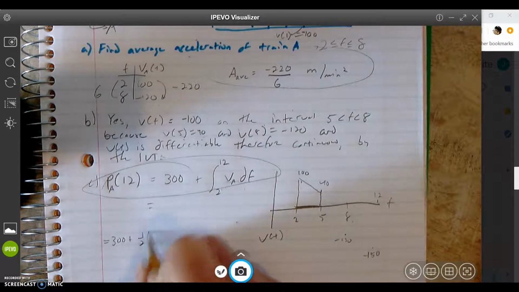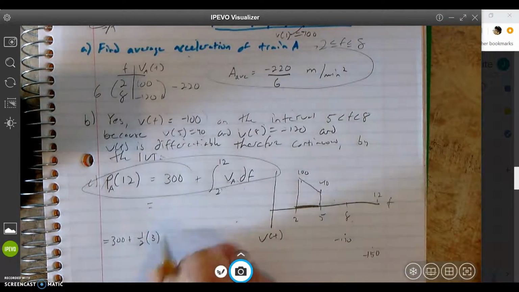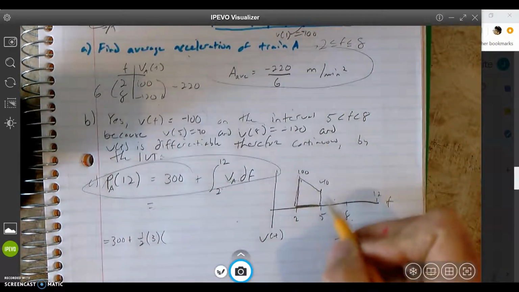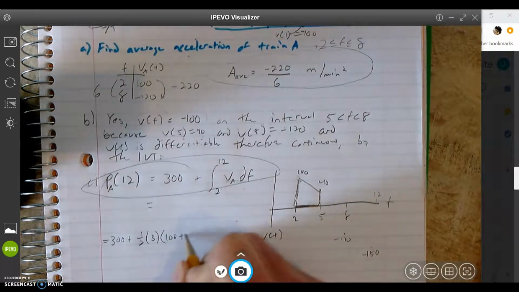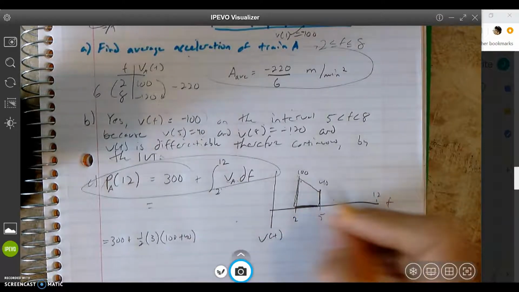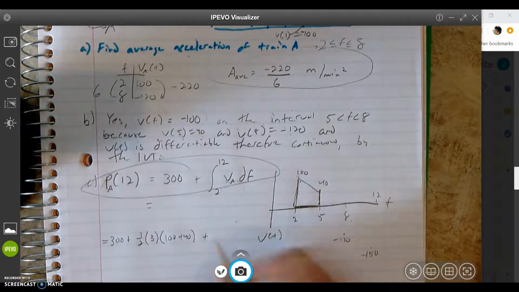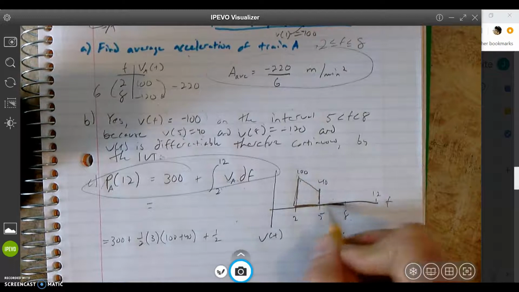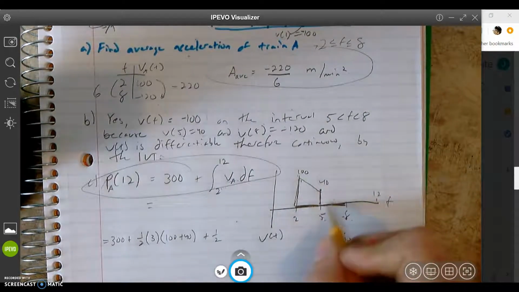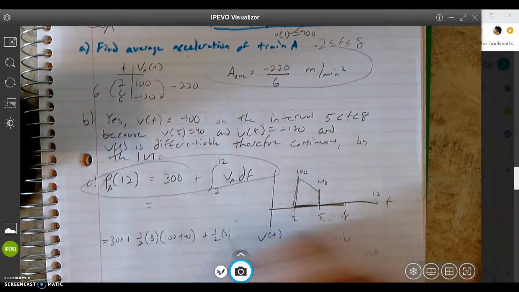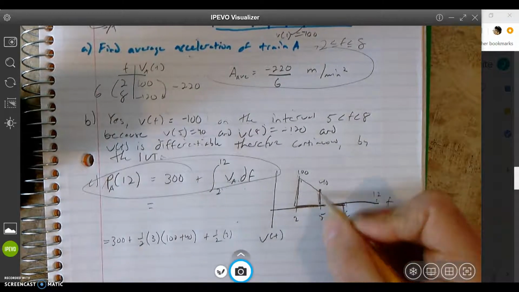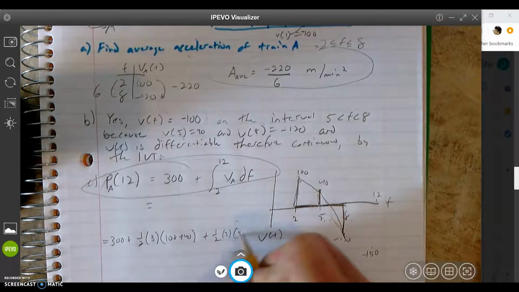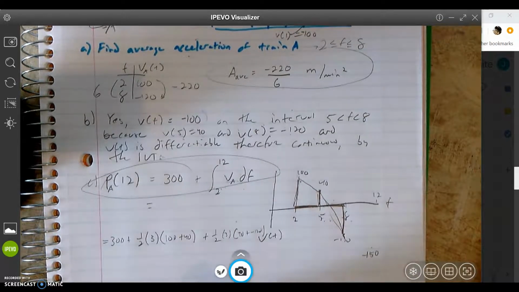So it's 1/2 times the base, which is 3, times the height. The height is going to be 100 plus 40. Those are the 2 bases because those are the parallel sides. Plus 1/2 times 3, because of 5 and 8, the base is 3. Now the height is going to look weird, but the 2 bases are 40 and negative 120. Bam.